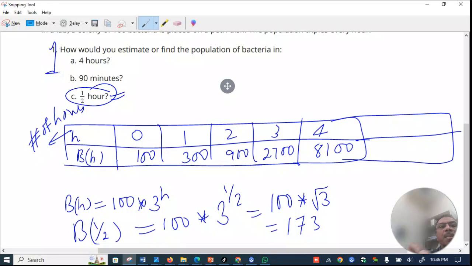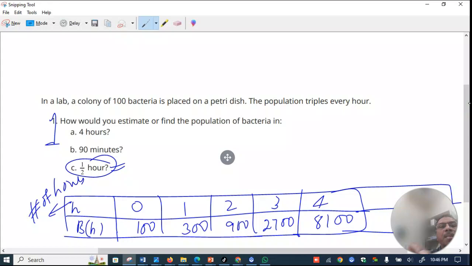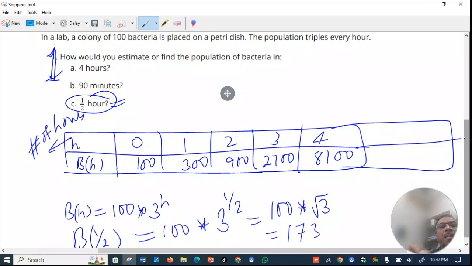Now, the second question is asking us when the bacteria population B will be 1,000. So we need to approximate where 1,000 is.